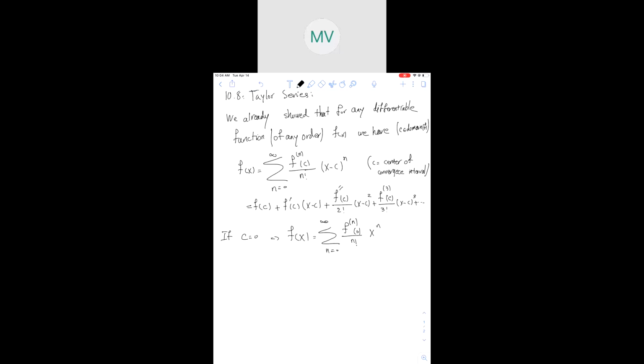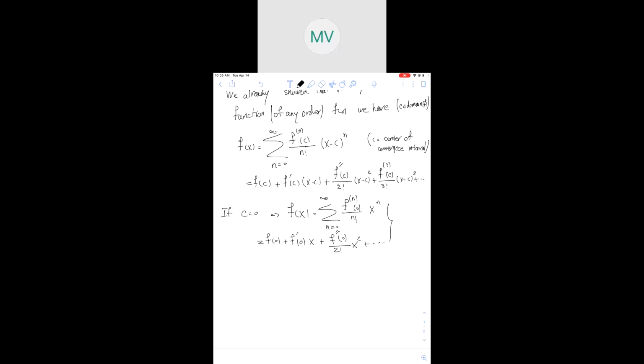This one, if you write down the first few terms, is simply f of 0 plus f prime at 0 times x plus f double prime at 0 over 2 factorial x squared plus so on. This one is called the Maclaurin series.